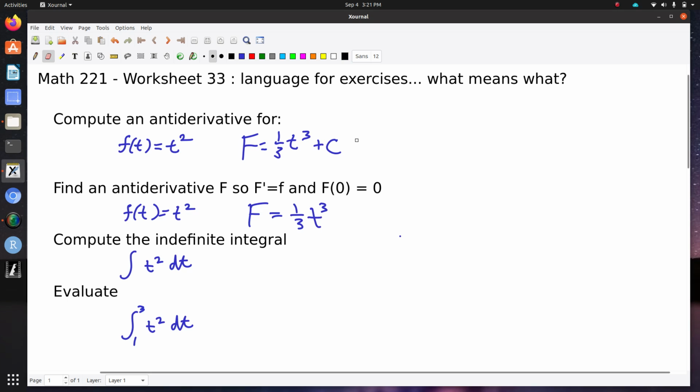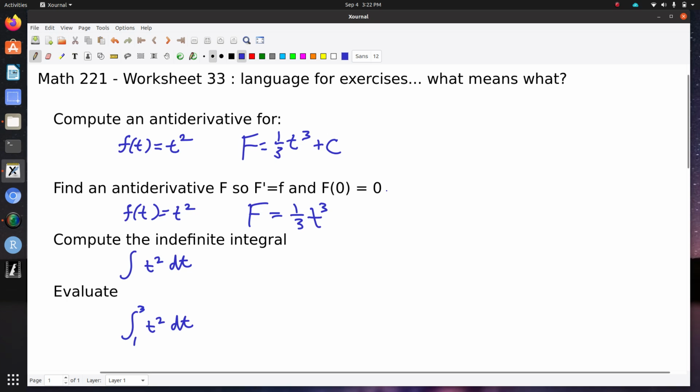And for this to work, c has to be 0. So it doesn't look like you're adding anything. It looks like you're just getting rid of the c, but they could have said f of 0 is 1 or f of 1 is 1 or something like that. You could fit some other condition, but no matter what, you use that c to fill in that gap and make the requested condition true.